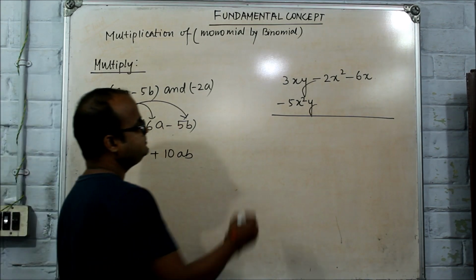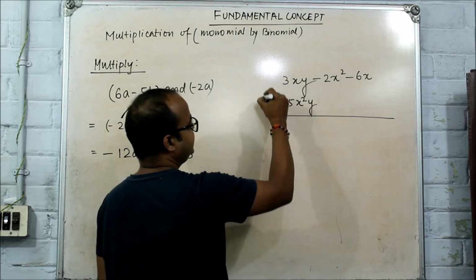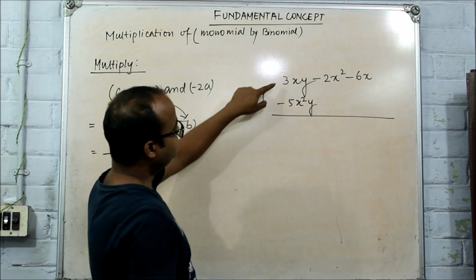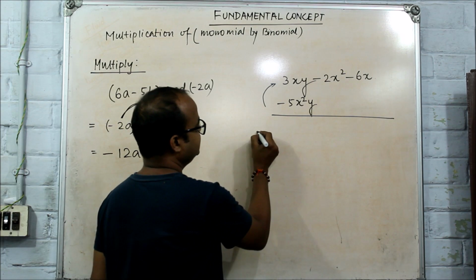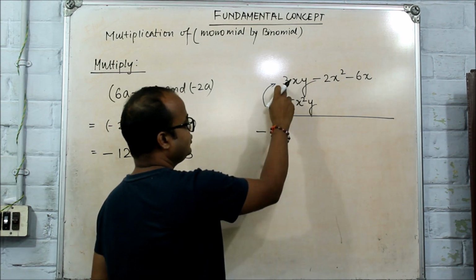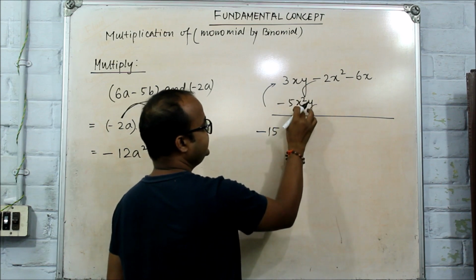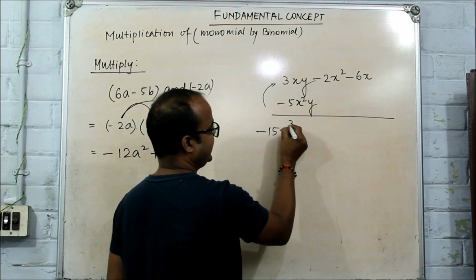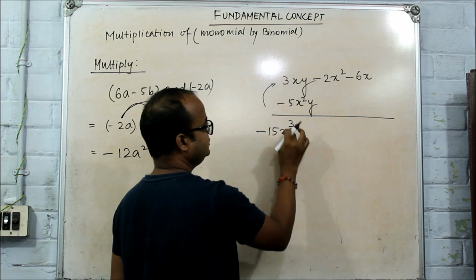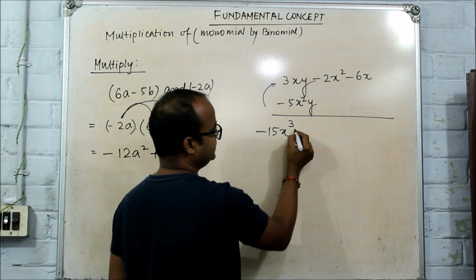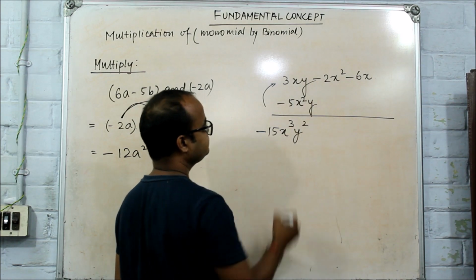Moving on to this problem, now we need to multiply these two. Plus into minus is minus, numerical coefficient 3 into 5, 15, x into x square, it is equal to x cube, power 2 plus power 1, so x cube, y into y two times, so y square.